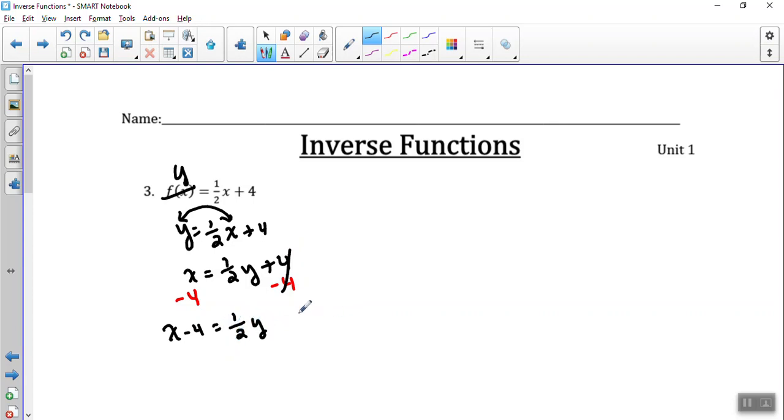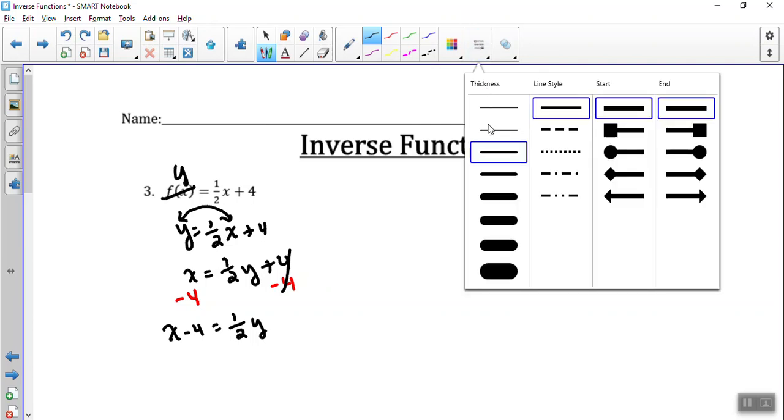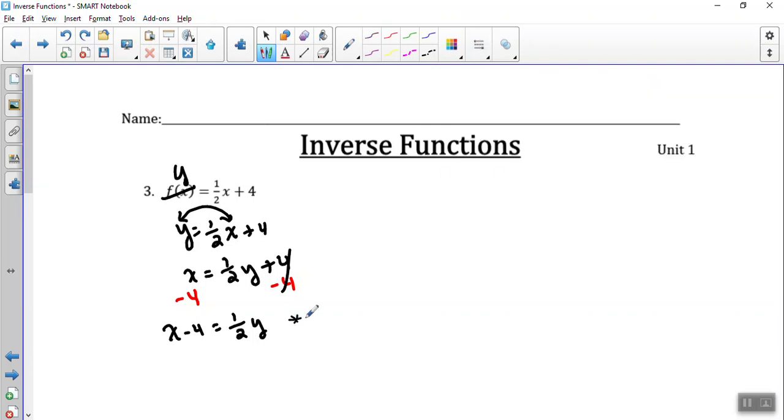And then to get rid of the 1/2, all I have to do is multiply by the reciprocal. Let me write a little note here for that. Multiply by reciprocal. Okay? What that means is, on the left side, if I multiply by 2 over 1, that means I have to multiply the right side by 2 over 1. 2 over 1 is just 2.